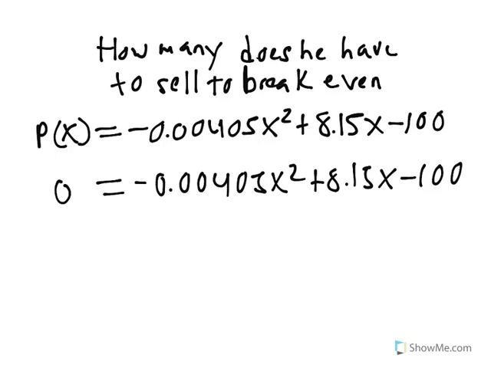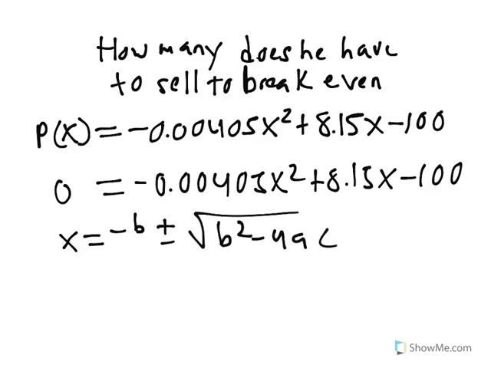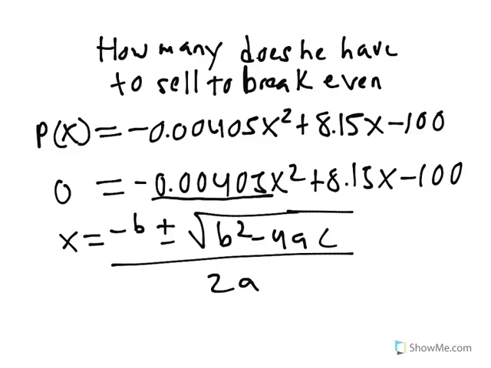So using the quadratic formula, you say x equals negative b plus or minus the square root of b squared minus 4ac, all over 2a. And a is just the constant in front of the x squared term, so a is negative 0.00405. b is going to be 8.5, and c is going to be negative 100. So they're just the constants in the quadratic equation.